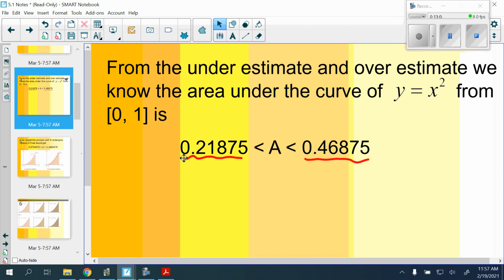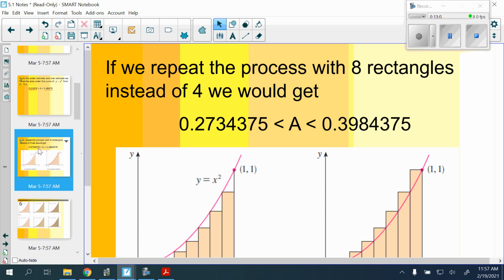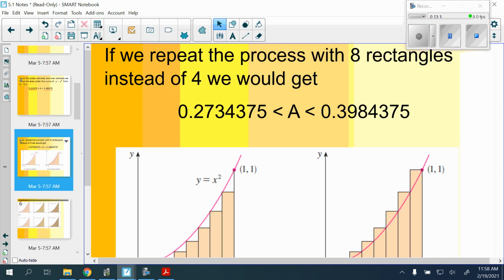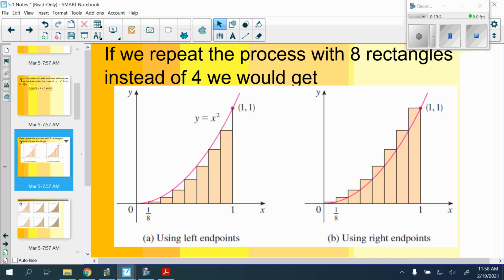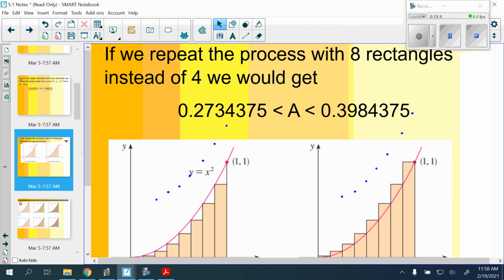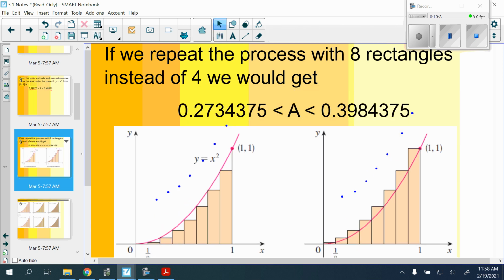Well, what we could keep doing here is maybe instead of using just 4 rectangles, we could repeat the process with 8 rectangles. And if we did that, now we would get these two, and you can see that the amount of empty space on the left rectangles becomes a little bit less, and on this one the amount of over area becomes a little bit less too, and now our range here has narrowed a little bit.